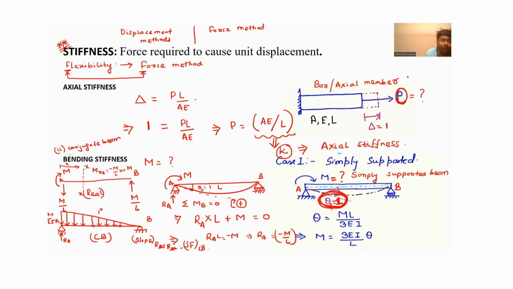Now how to find this reaction at A? Just take summation of moment about point B. I don't have any space, so let me add one more slide.